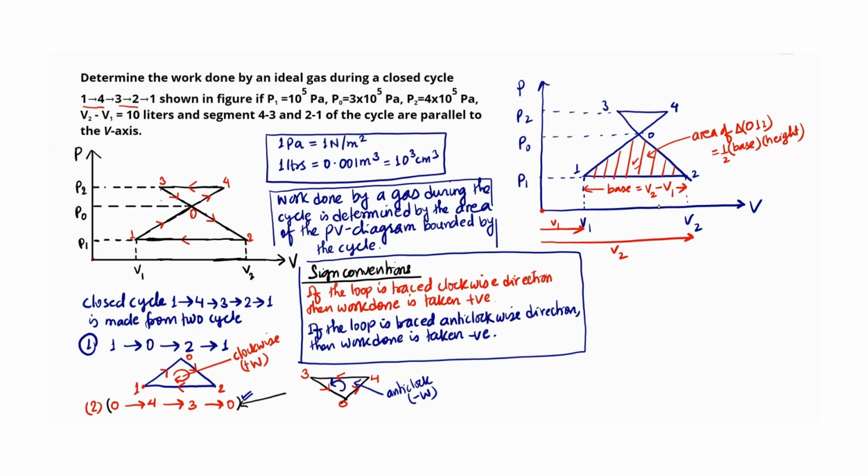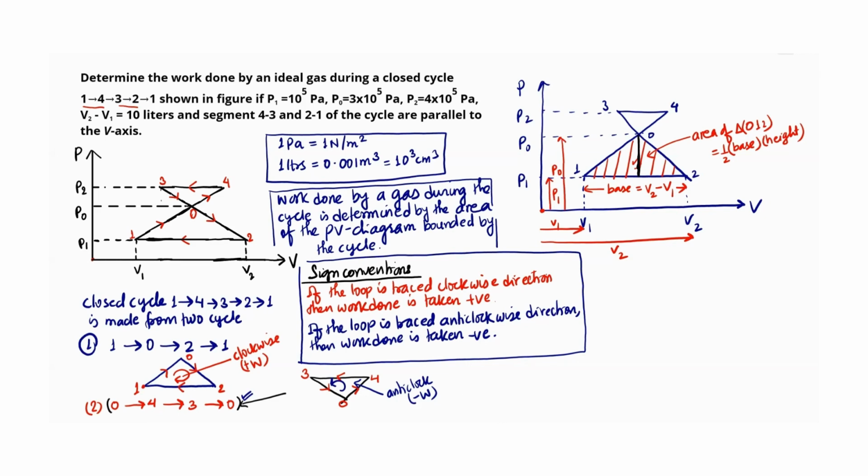Now in order to find its height, this is the height of the triangle. To find this, we can see this is P1, and this vertical distance is P naught.